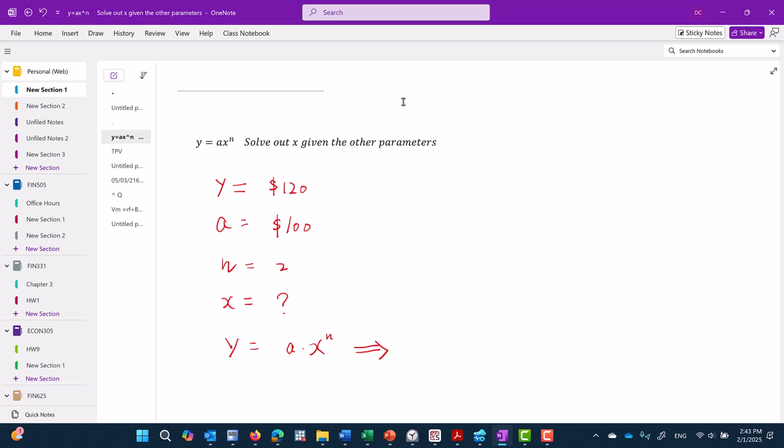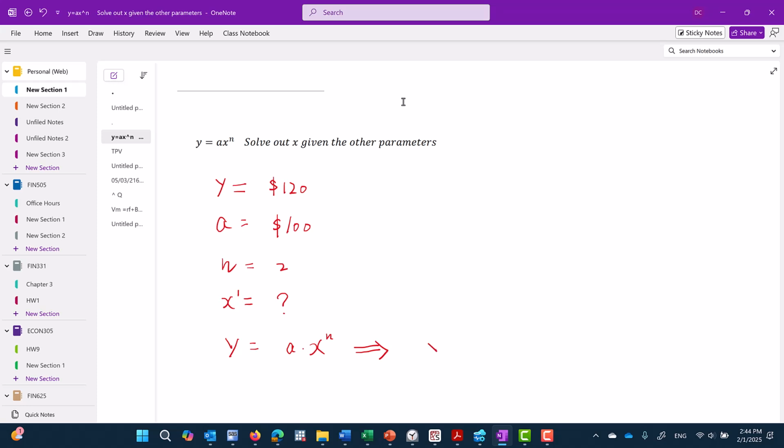Why do we raise to the power of 1 over n? Because we want to make the power of x to be 1. Why? Because eventually we need to get x raised to the power of 1, which is x equals a number, right? We want to solve for x. So that's why we want to raise both sides to the power of 1 over n.